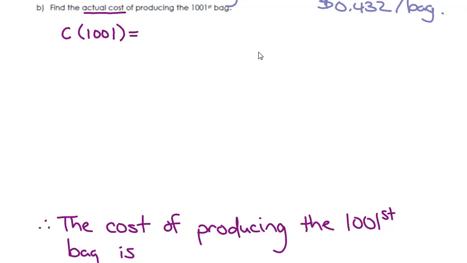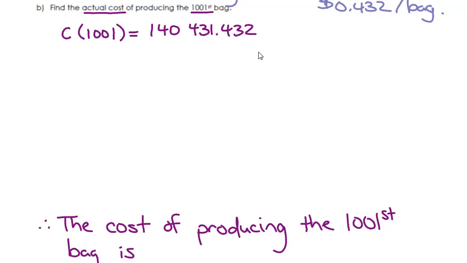If you just plug 1,001 into the original function, I'm not going to show you all that work, I get a number like 140,431.432. Remember that common sense deductive reasoning I told you about? A lot of times people just look at this number and say, that's my x, I'm going to plug it into my C, and this is my answer. Does that actually make sense to you?